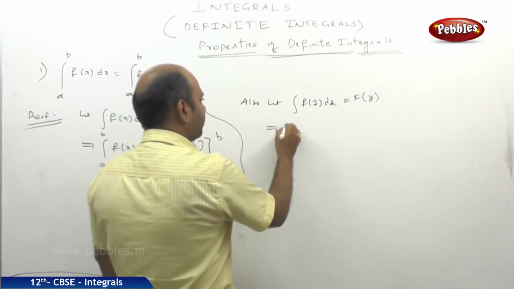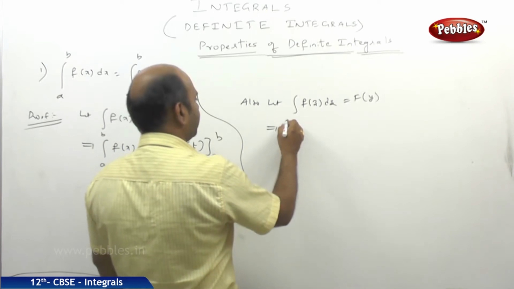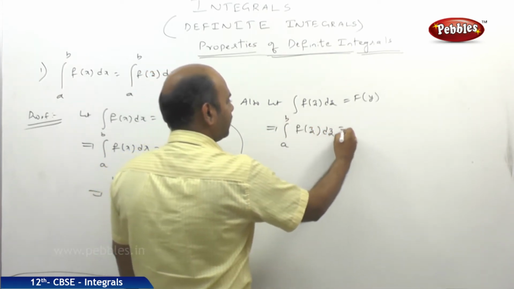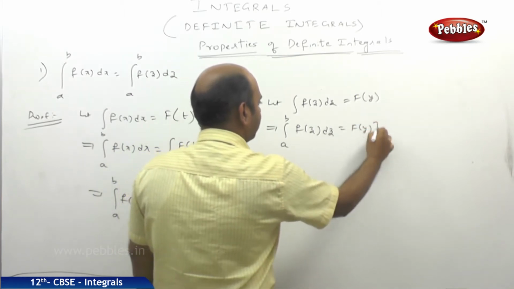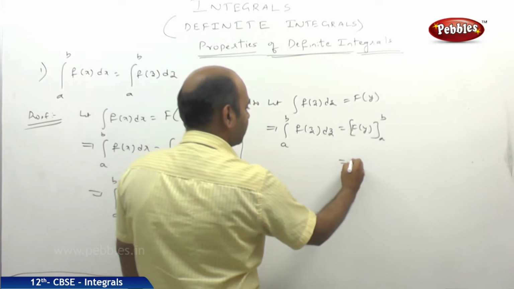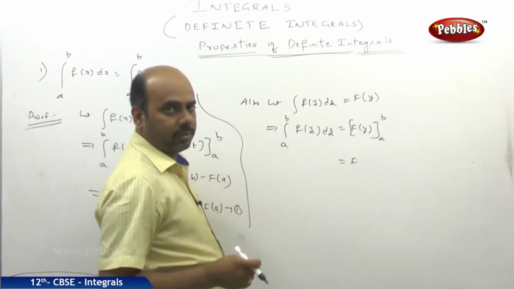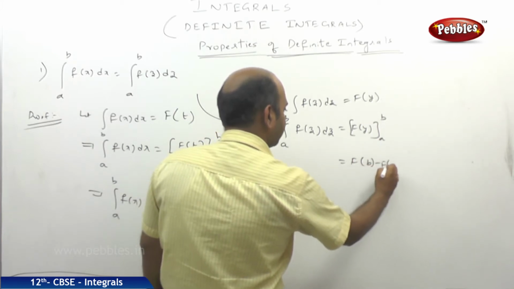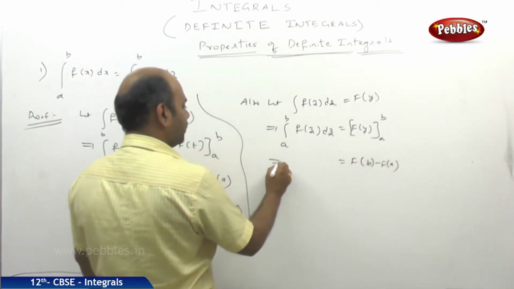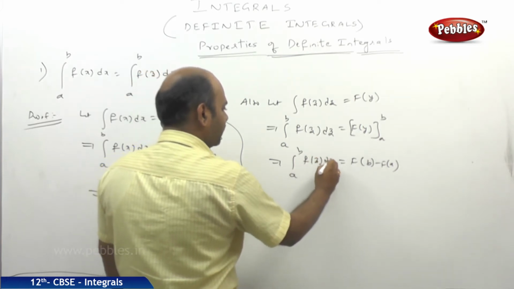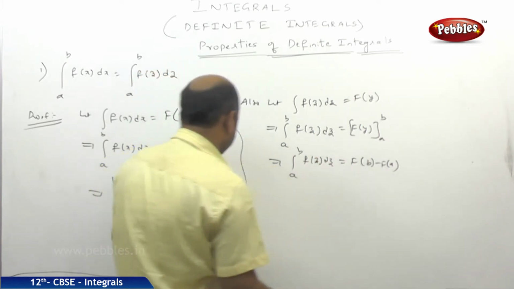So similarly, I will be applying the limits a to b f of z dz, that is equal to f of y from the limits a to b. We need to substitute the upper limit as well as the lower limit. So we will be getting f of b minus f of a. So integral a to b f of z dz we got as f of b minus f of a.